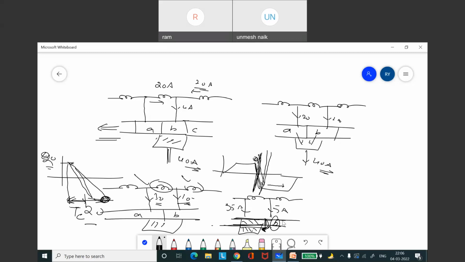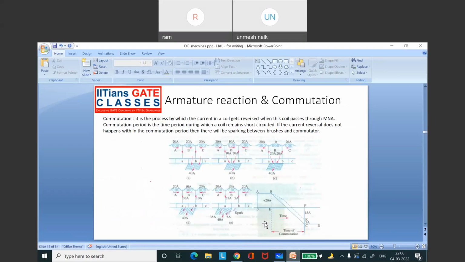I'll show you the figure. This is the commutation time. It has to go to minus 20, but it is going only to 5. That 5 ampere is left, so it will be taken through the air gap in the form of a spark.